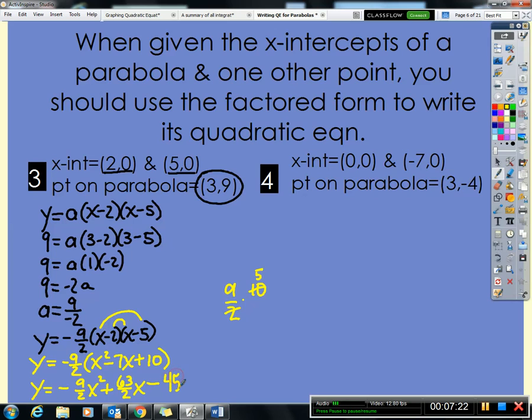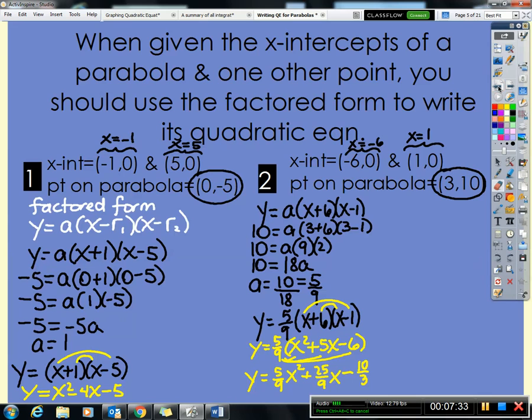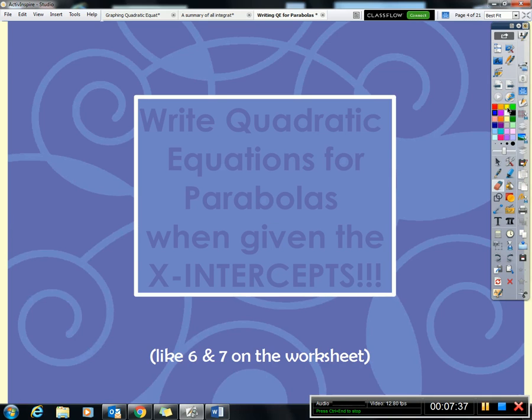I'm going to erase the scratch work because it doesn't need to be in my workspace necessarily. And I'm done. So let me remind you that right now I want you to stop and do problems 6 and 7 on the A48 worksheet.